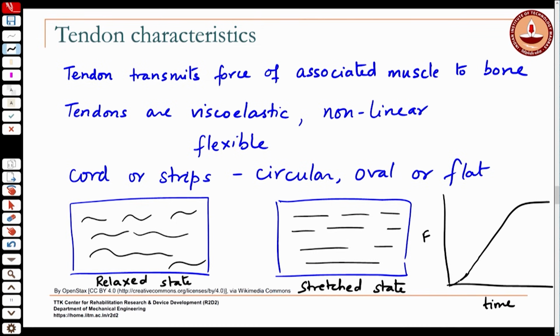So, when you look at the muscle force over time, initially because of the non-linear nature of the tendon, it takes time to develop force. Once it is stretched out, now it is trying to stretch even further, and that has to do with the properties of the tissue and not so much the structural aspect of the waviness of the fibers.